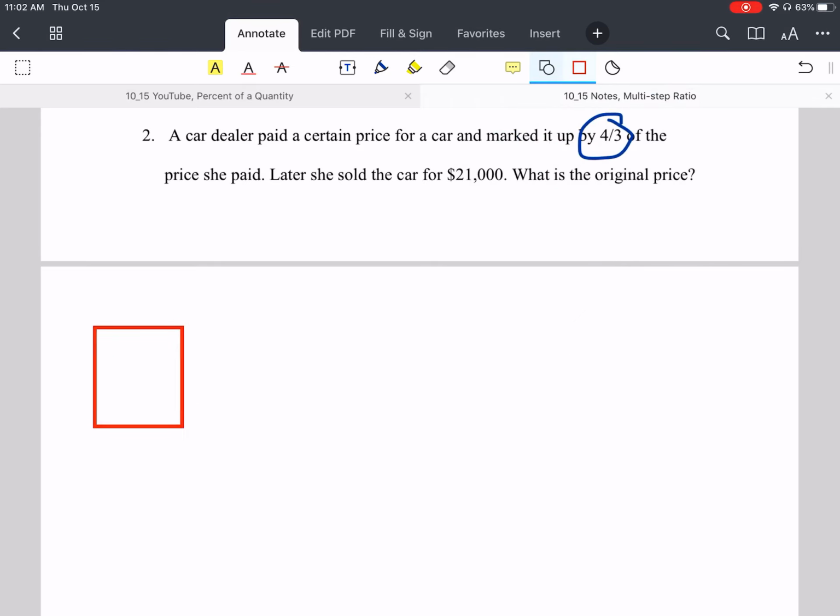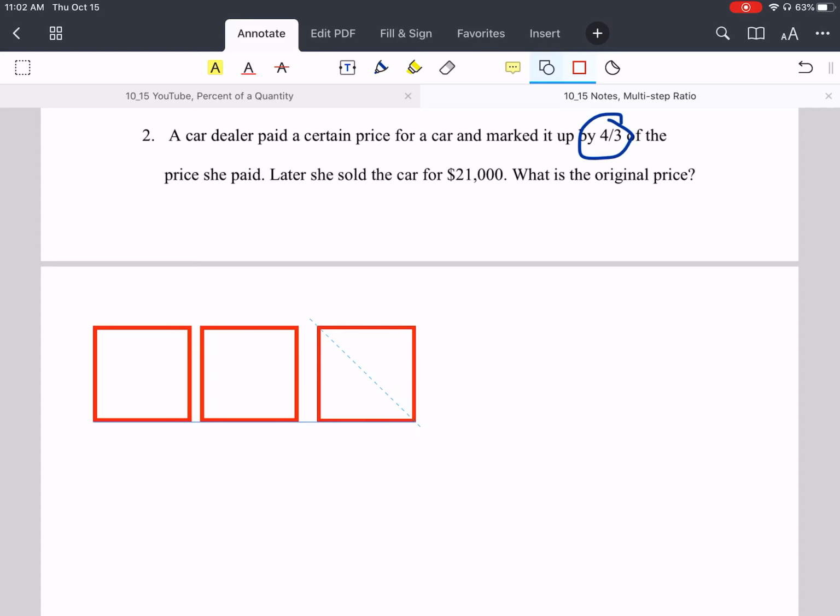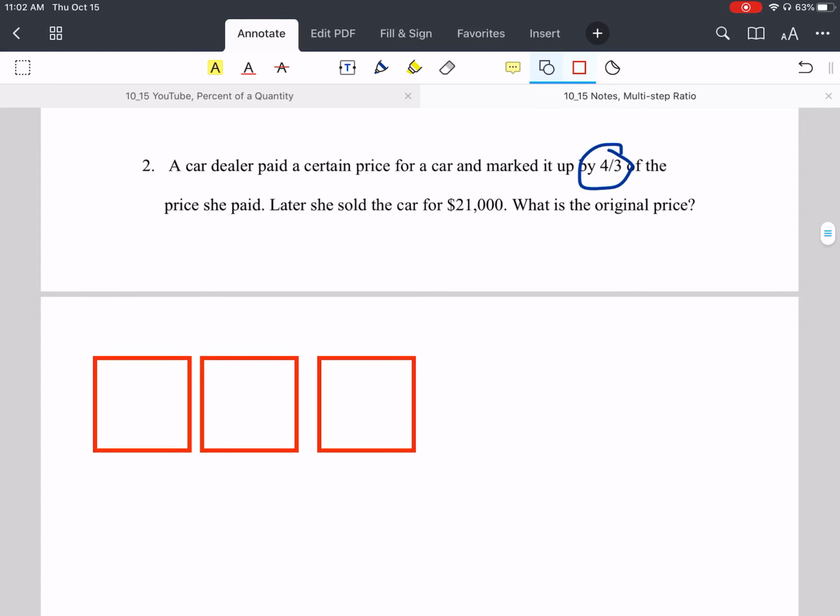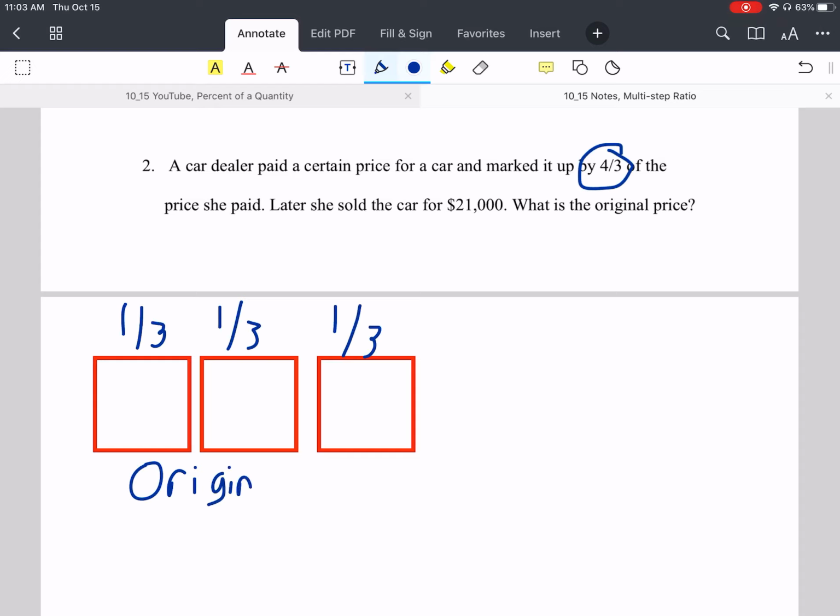The last problem we dealt with fifths, and that's why we drew 5 boxes to start. So each of these boxes represents 1/3, and this is the original price.